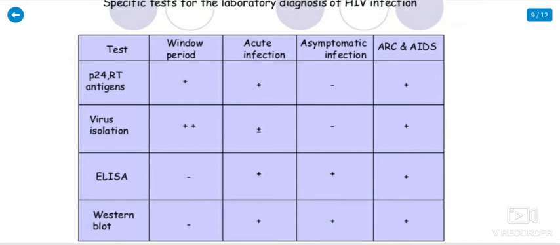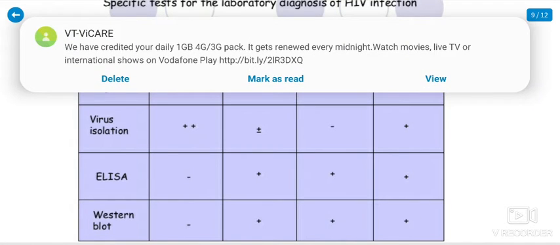ARC and AIDS test positive, so that the test is positive in all kinds of window period and acute infection and AIDS also. Another test is viral isolation, so that the window period is positive.